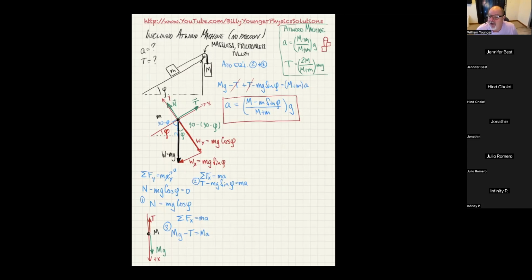Would the angle phi be 0 if I wanted this inclined plane Atwood machine to look like the regular Atwood machine? Or would it be a different angle? Anyone? I don't see any chats coming up either for their answers.